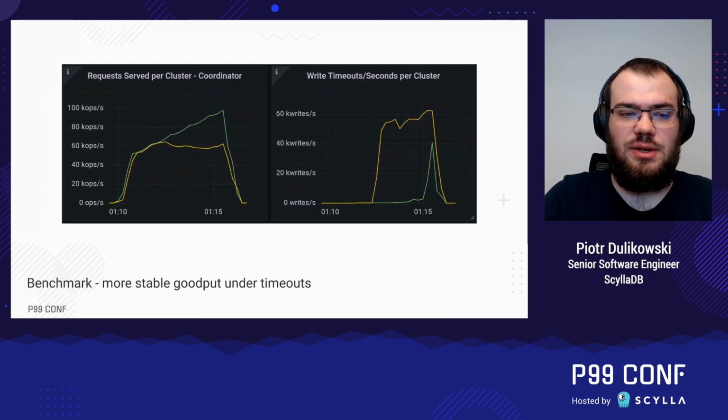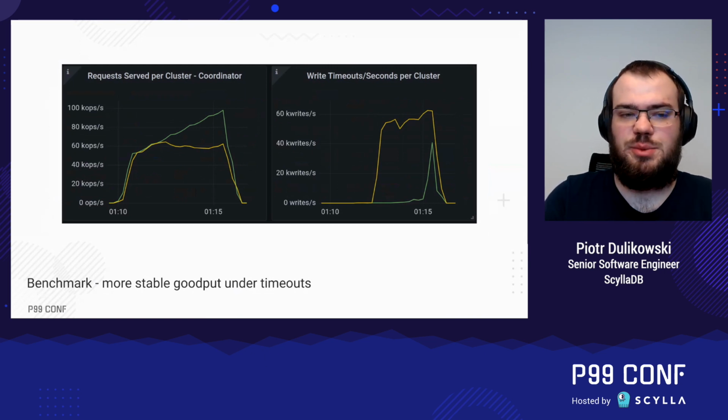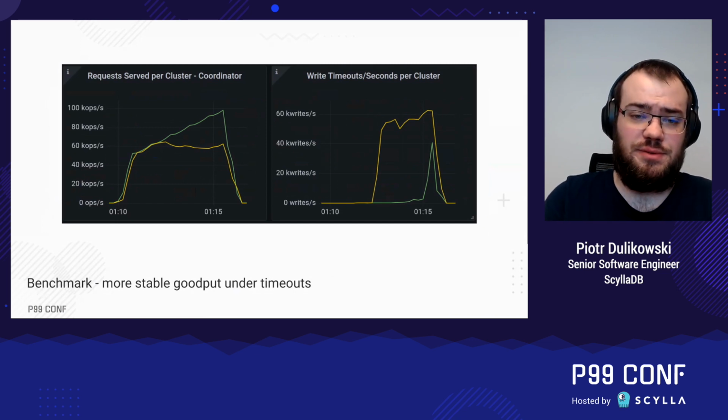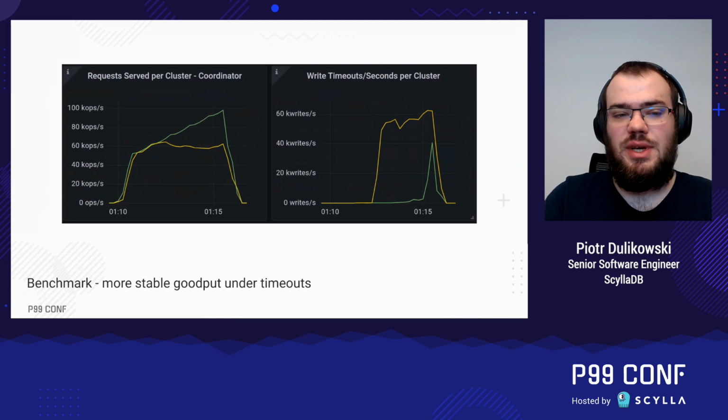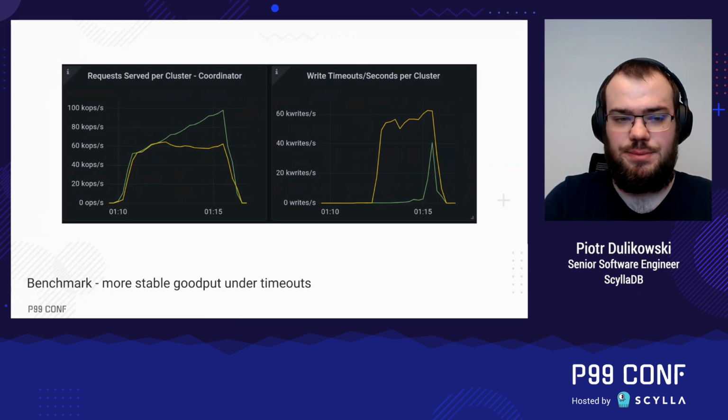We can see that the older version of ScyllaDB gets overwhelmed somewhere around the 60K writes per second mark. We are pushing the shard to its limit. Because we have set a short timeout, some requests will inevitably fail. Due to the fact that processing timed out requests is more costly than a regular request, the shard very quickly enters a state where all requests that it processes result in timeouts.